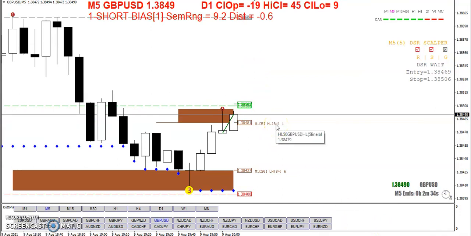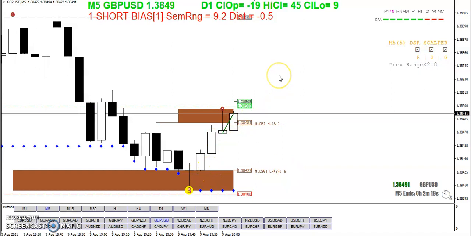These are our DSR trades, dynamic support resistance. And there's a 3-ball at the bottom. You had the M1 lowest high right here. That was a long trigger. And you can see we're about 6 pips above that at the moment.